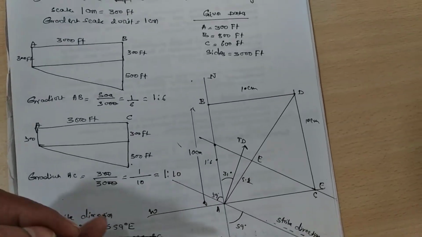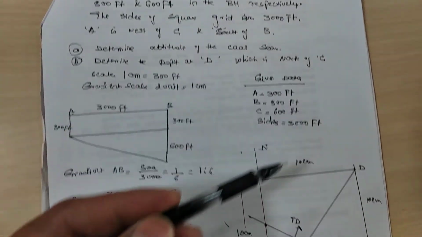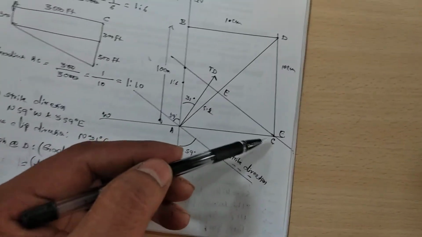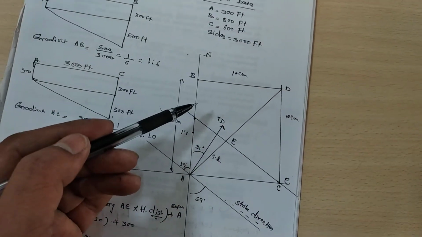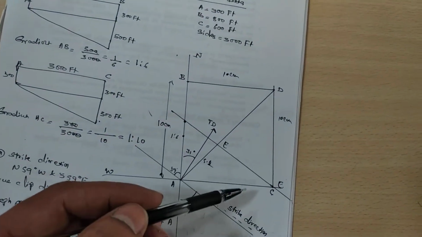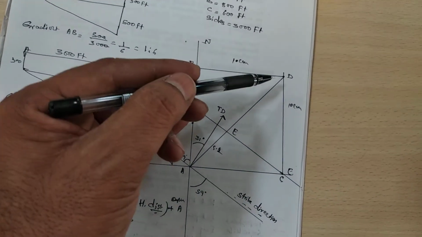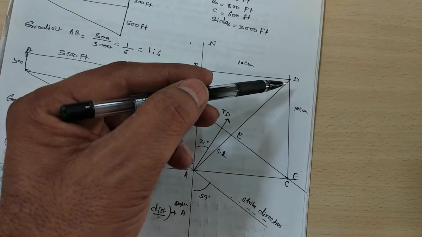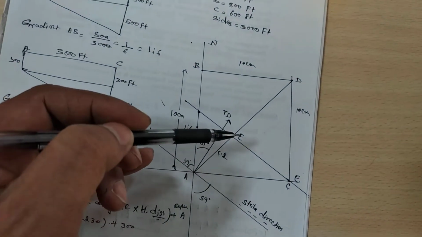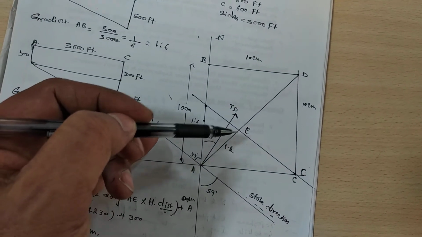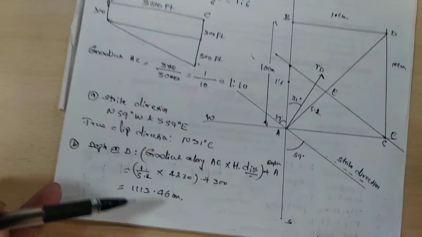Now the next question is to determine the depth of borehole D, which is north of C. So this is borehole C, A, B, C, D. These are 4 boreholes at 4 corners. Now we need to determine the borehole depth of D. Join this AD borehole and measure the horizontal distance, and you get the gradient of AD. So here AE. How to calculate the depth?